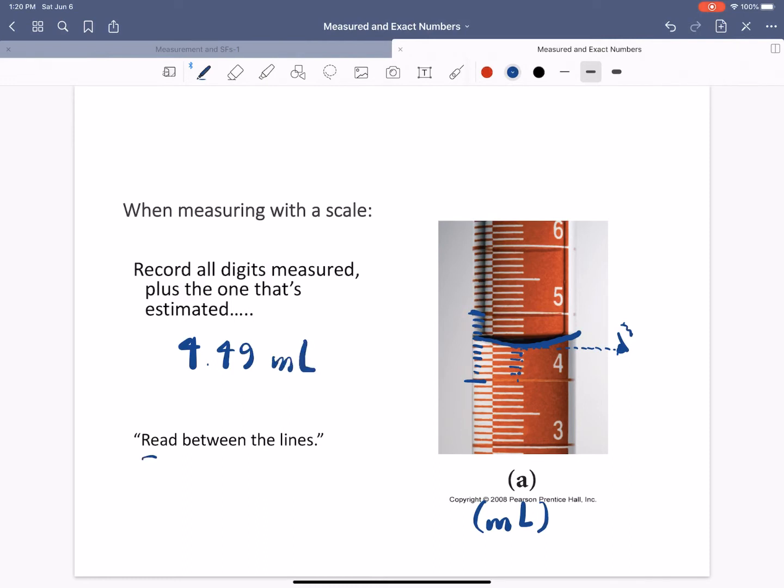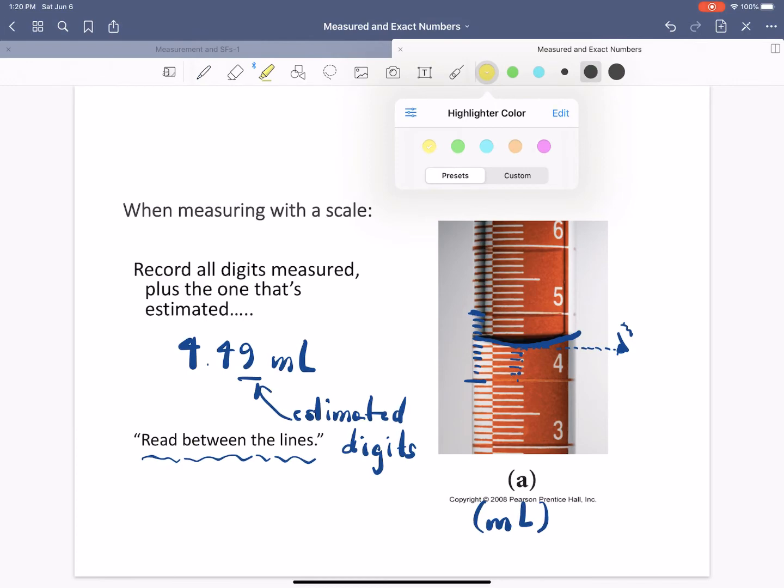So I need to read between the lines to get my estimated digit. And all the digits that are significant are the ones that are measured and estimated. Measured and estimated. And so here we have 3 sig figs in this measured value.